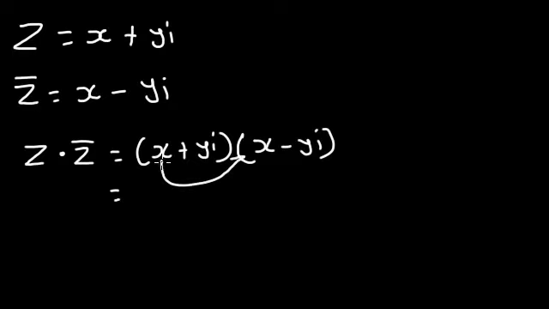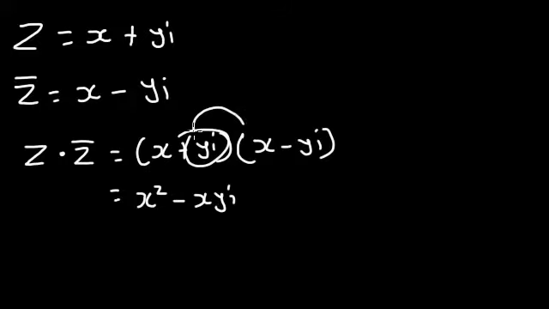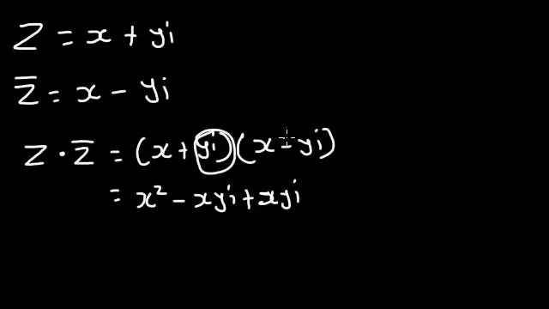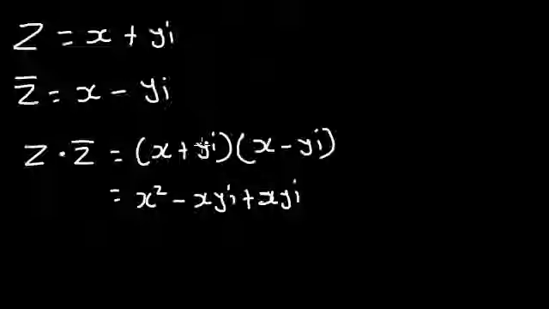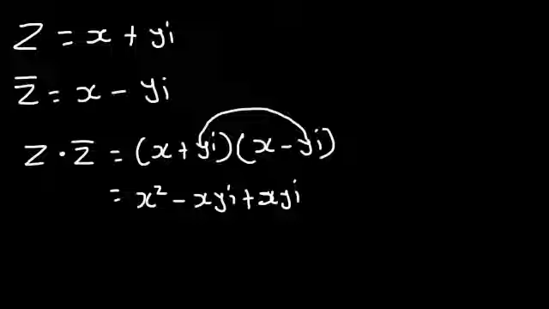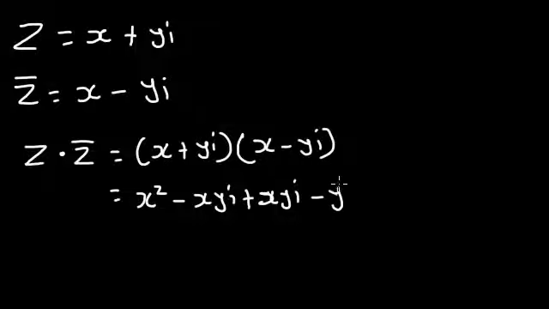Let's expand. x times x gives us x squared. x times negative yi gives us negative xyi. Positive yi times x gives us positive xyi. Finally, positive yi times negative yi: let's do the coefficients first, y times minus y gives us minus y squared, then i times i gives us i squared.